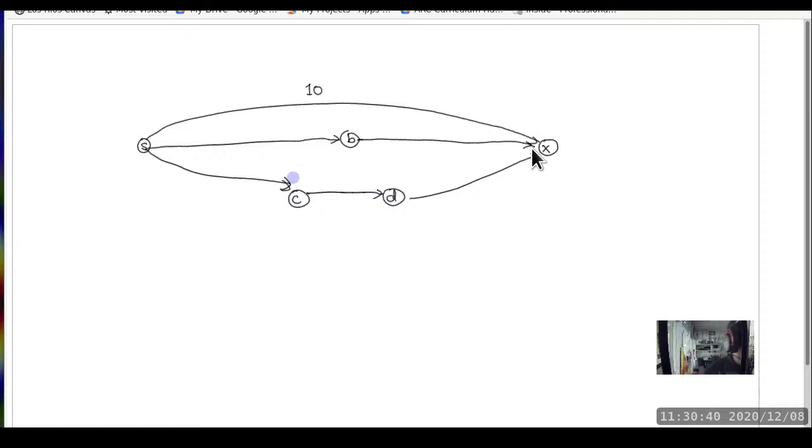Okay, so to do that, I have to be careful, because we start exploring from vertex S. So that means we have to basically say, that looks promising, and then only find that it is not promising. So we'll give this edge from S to B a distance of 5, and we'll give this a distance of 3.